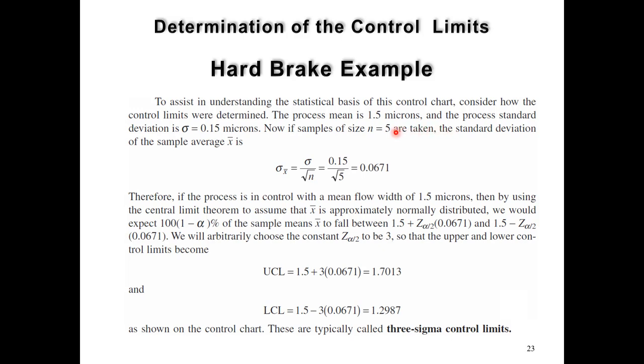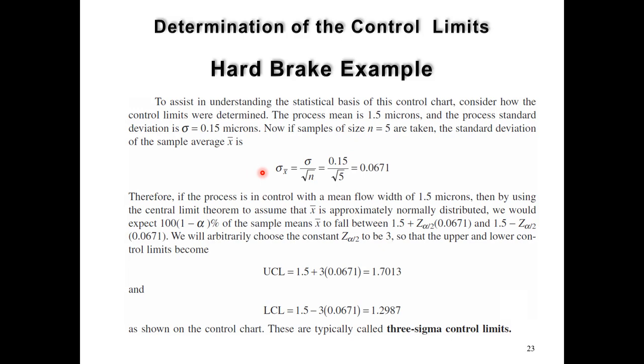With the sample size n equals to 5, the standard deviation of the sample average is given by this formula. This formula is actually the formula of standard error. If you see the situation here whereby you are selecting different samples from the population distribution, this is actually the concept of sampling distribution.